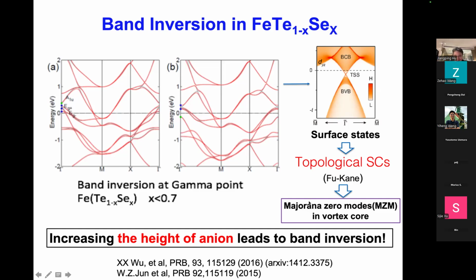Anyway, the idea is the same: you can use tellurium to make this band lower, close to the other bands, and create this surface state.